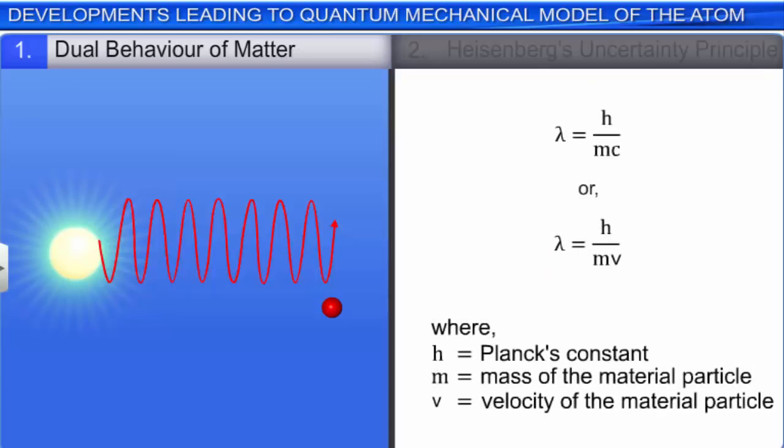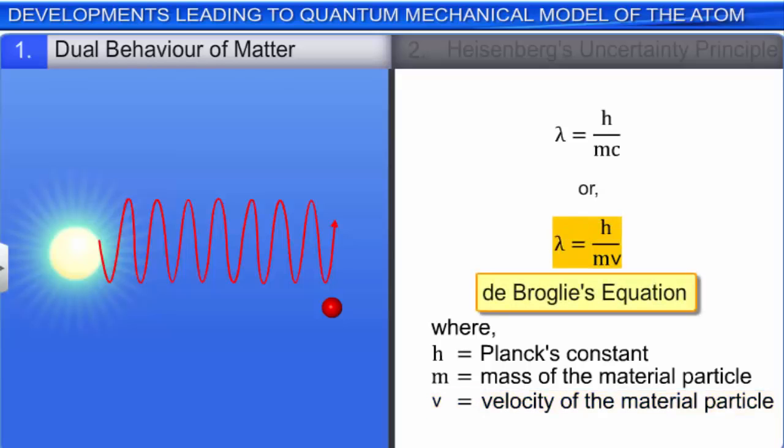To generalize the equation for any material particle, c, the velocity of light, is replaced with v, the velocity of the material particle. The resultant equation is called de Broglie's equation.